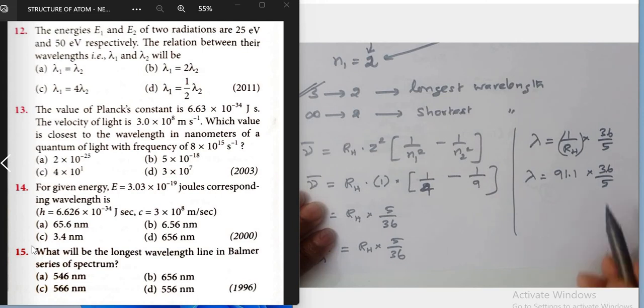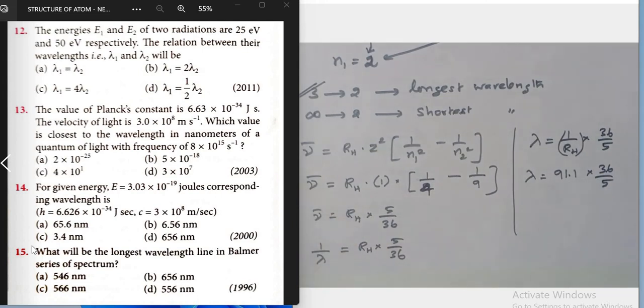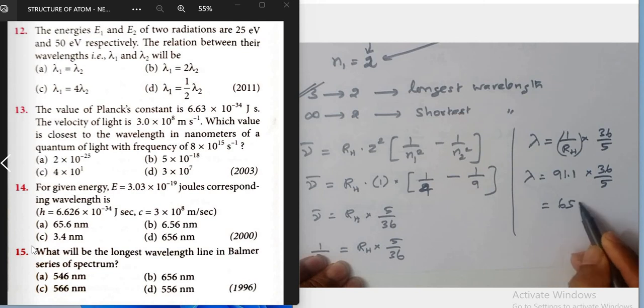If you simplify this, you will get the wavelength in nanometer directly. 91.1 has only to be divided by 5, so it is very easy. I will give you the answer directly: it comes out as 655.92 nanometers.